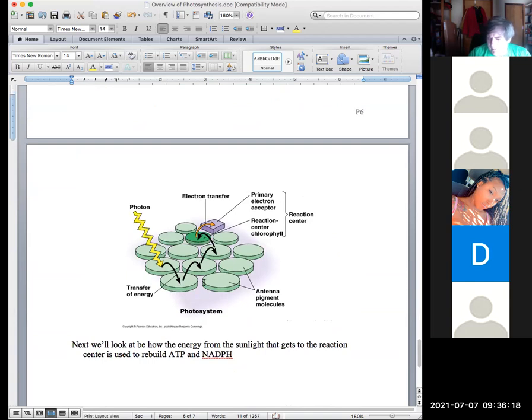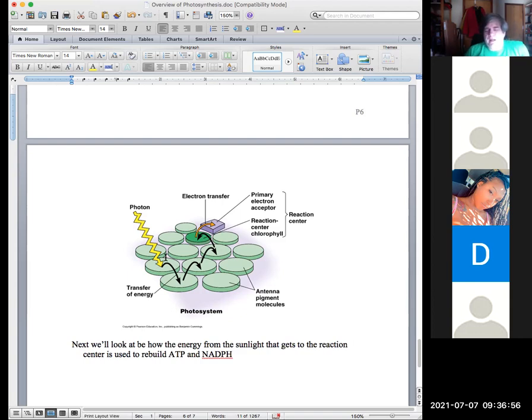So here's a diagram of a photosystem. This dark green and this purple molecule are the two molecules of chlorophyll A that make up the reaction center. So here's a photon of light. All these lighter green molecules are the pigment molecules that make up the antenna complex. And when light is hitting the plant, one of the atoms in the pigment molecule, an electron, absorbs some of the solar energy.